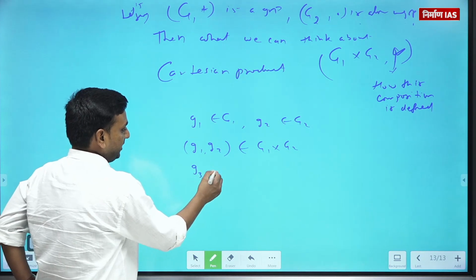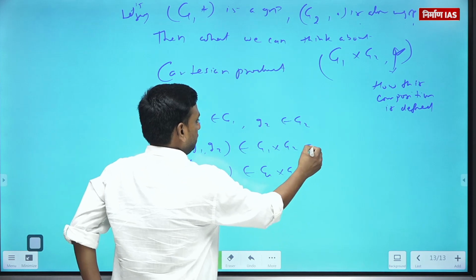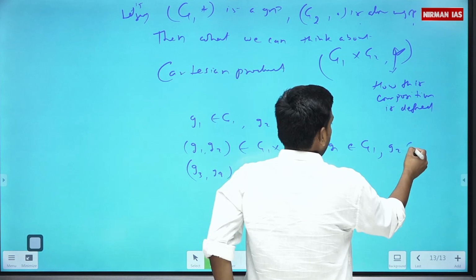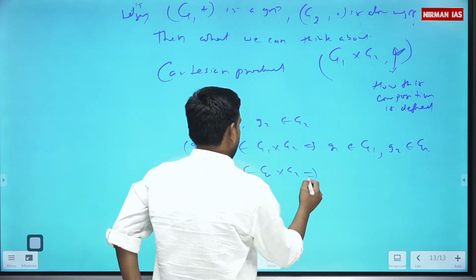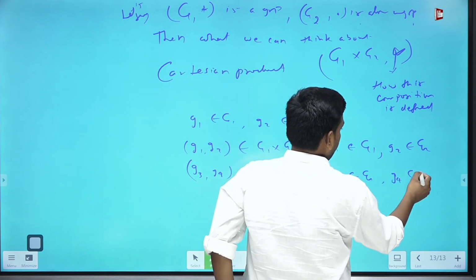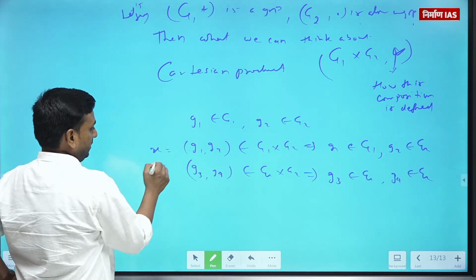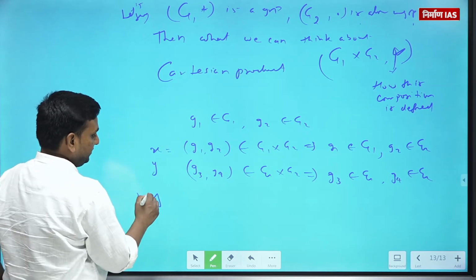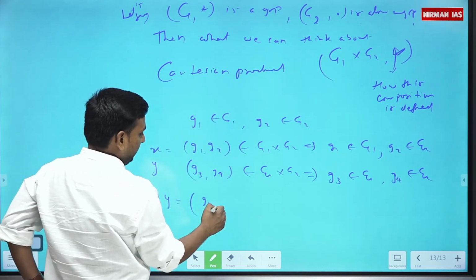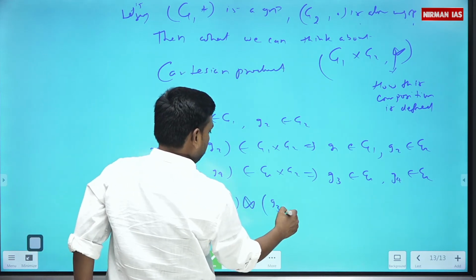Let's say I have some other element. Here small g1 will be from capital G1, small g2 from capital G2, small g3 from capital G1, small g4 from capital G2. If I want to compose these two elements with this composition, I will have (g1, g2) composition (g3, g4).